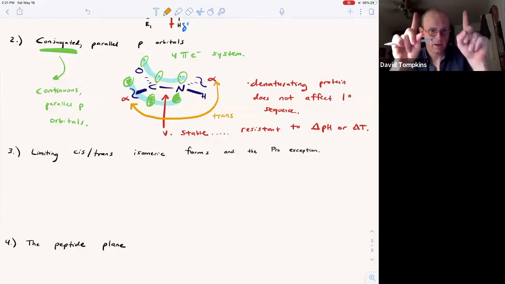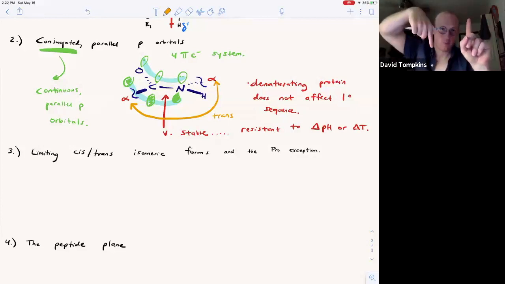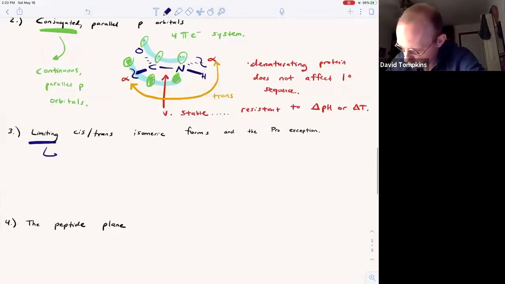So they can either be straight up together like this, or one of them can rotate 180 for them to be parallel again. But you only see these limiting cis or trans forms. There's no other possible isomeric forms because those would not allow for conjugation.